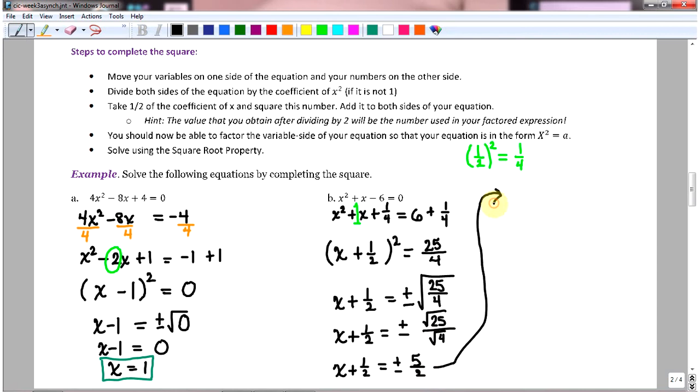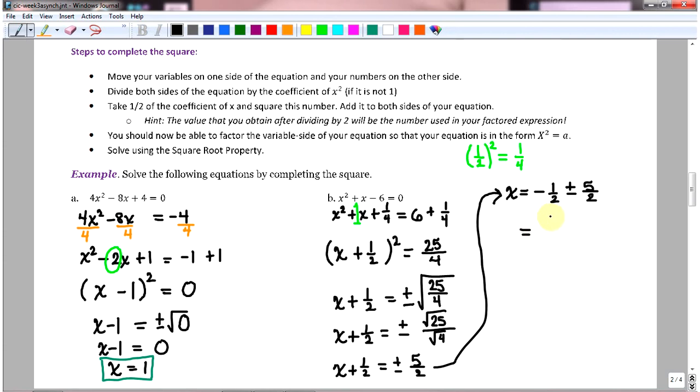We still need to get our x by itself, so I'm going to subtract 1/2 from both sides. So we end up with negative 1/2, and we still have that plus or minus 5/2. Now there are a couple of ways you can write it at this point.